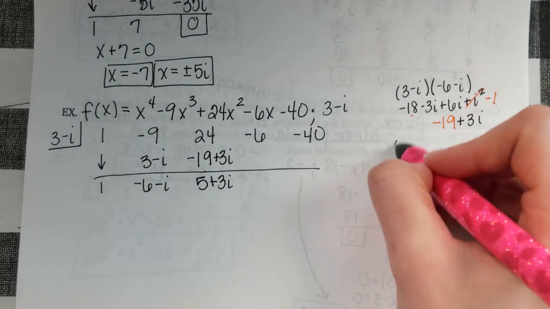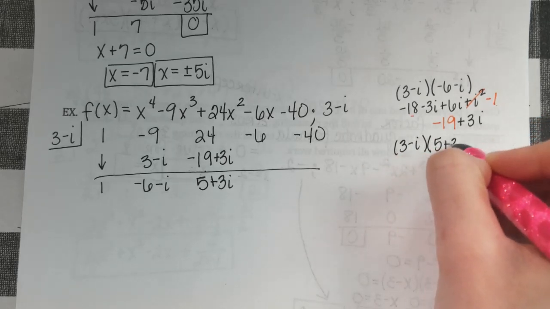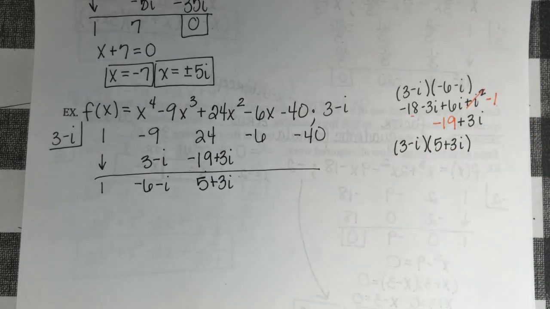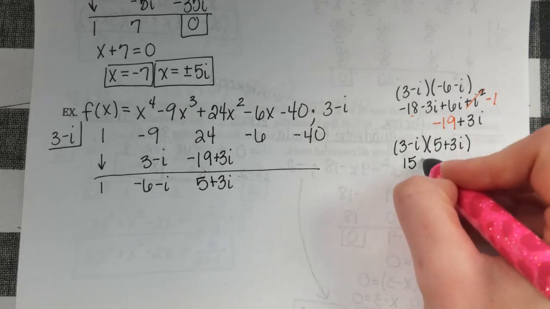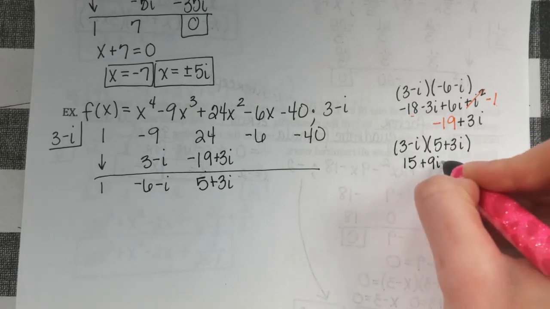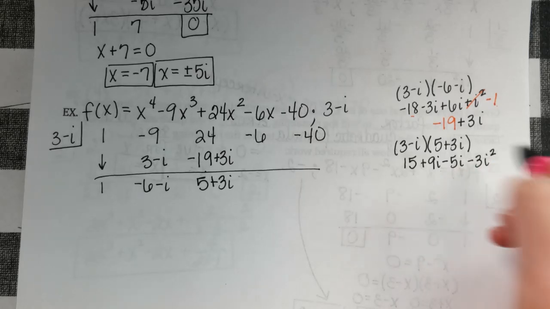Then I multiply again. 3 minus i times 5 plus 3i. So when I FOIL that, 3 times 5 gives me 15. Then plus 9i minus 5i minus 3i squared.